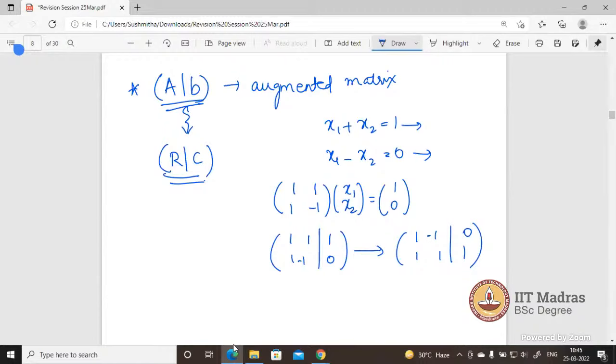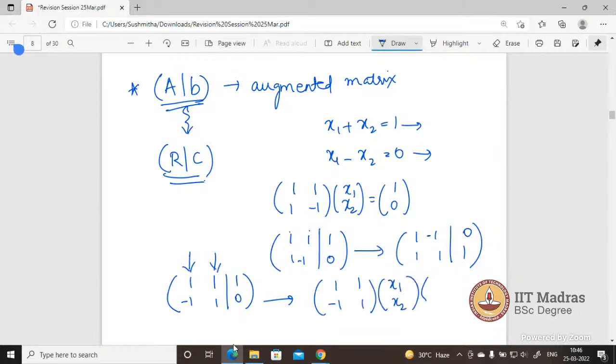But if I interchange two columns, what happens? The variable gets interchanged. When I interchange two columns, 1, 1, minus 1, 1, the system becomes 1, 1, minus 1, 1 times x1, x2 equal to 1, 0.